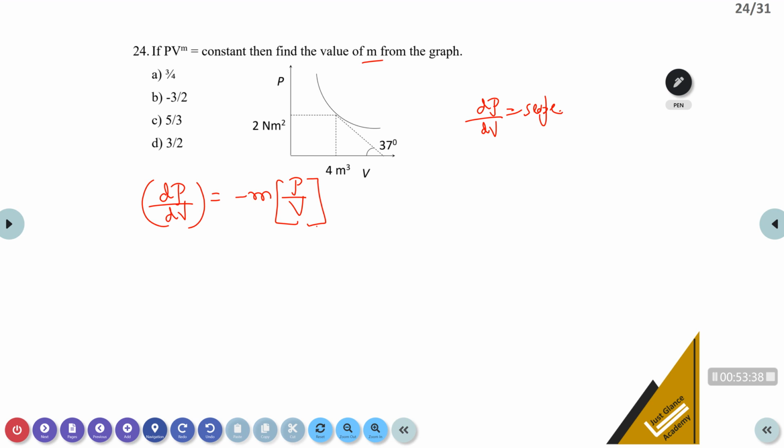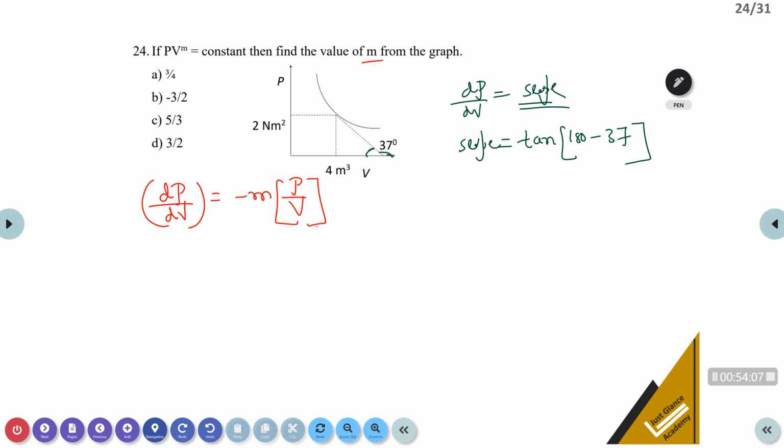But in this problem he has given this angle, and I need this angle. Slope equals dP by dV, and the slope is negative, of course. Here slope equals, don't write 37, it is tan of 180 minus 37.